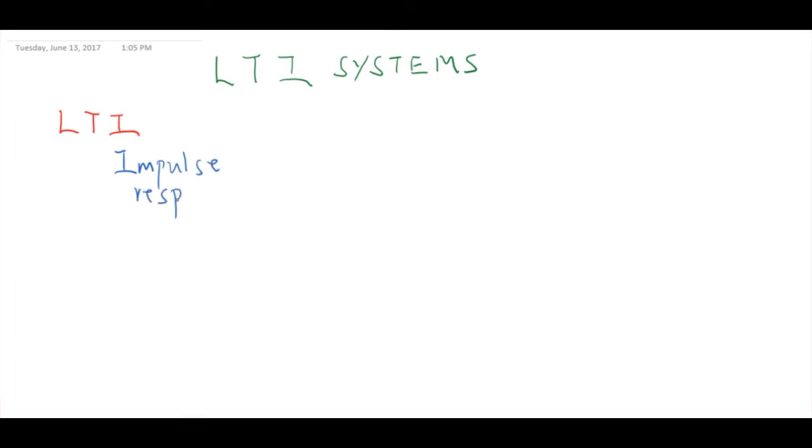I will talk about the impulse response later on. The impulse response is usually written as h of t, and the output is obtained by the process of convolution.